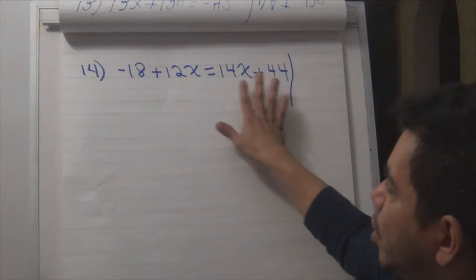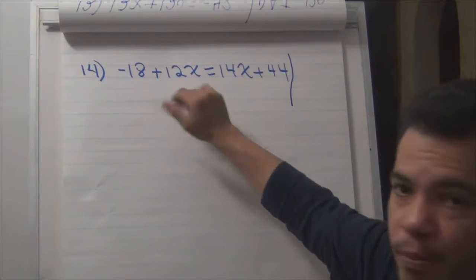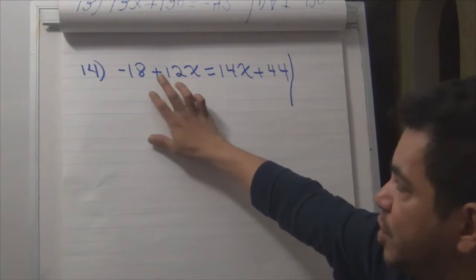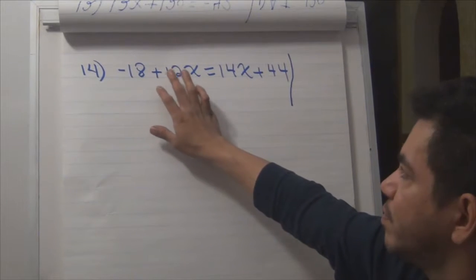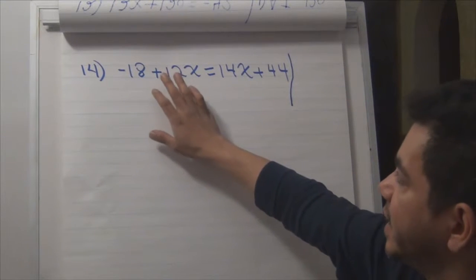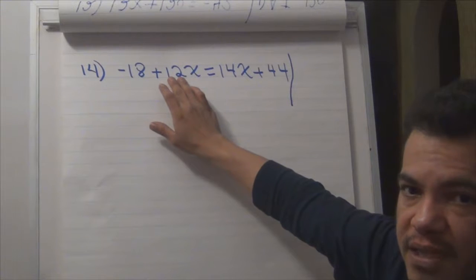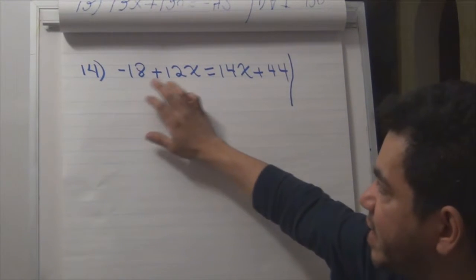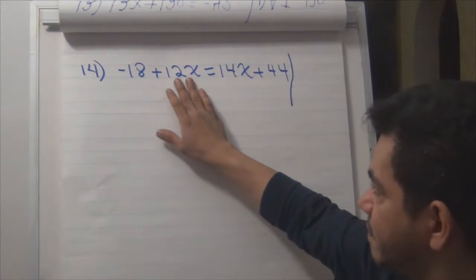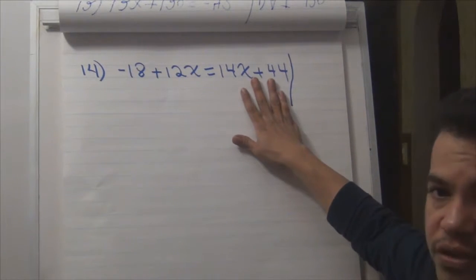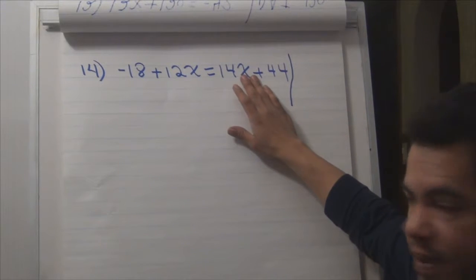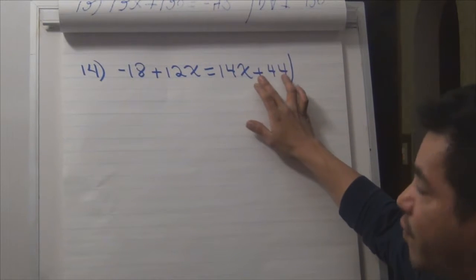Alright, look, what operations do we have? We have multiplication. Just because you see this plus here doesn't mean that it's adding. No, this just says that this 12 is positive. 12 is actually multiplying the x. And then there is a subtraction of 18. On this other side, we have a multiplication of 14 by the x, and we have an addition of 44.